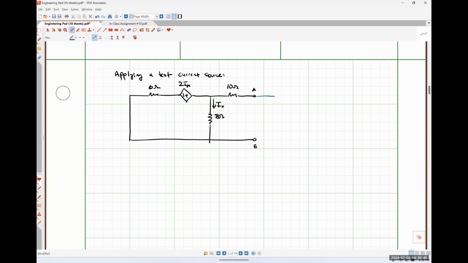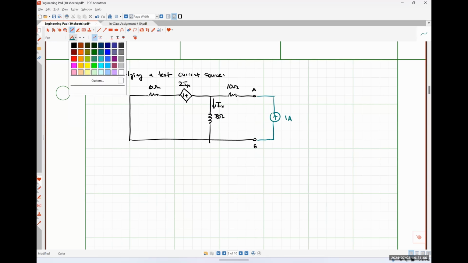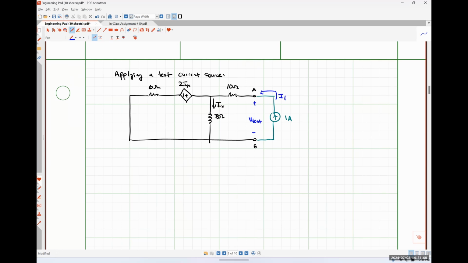And again, it doesn't particularly matter what the magnitude of my test current source is or the direction of my test current source. I'm just going to arbitrarily choose 1 amp, direction up. This is still my voltage V test. This is still my current I test.